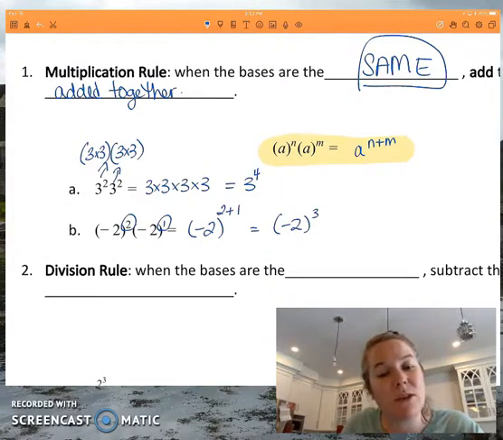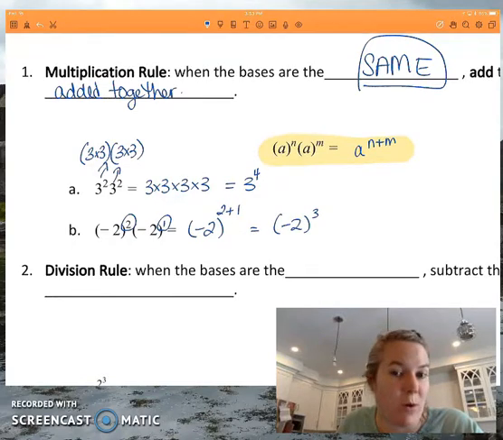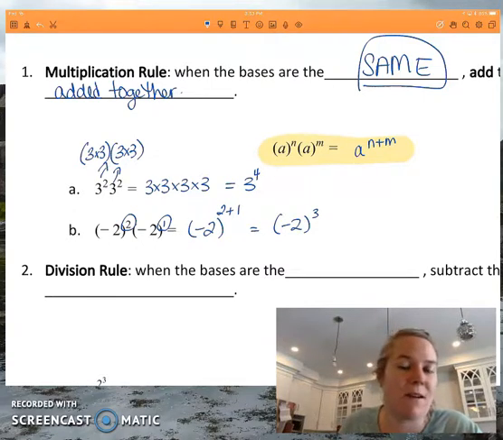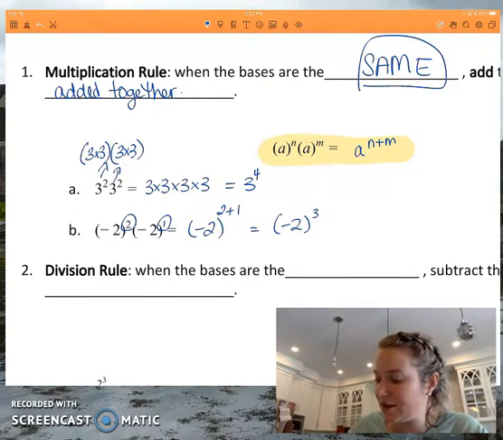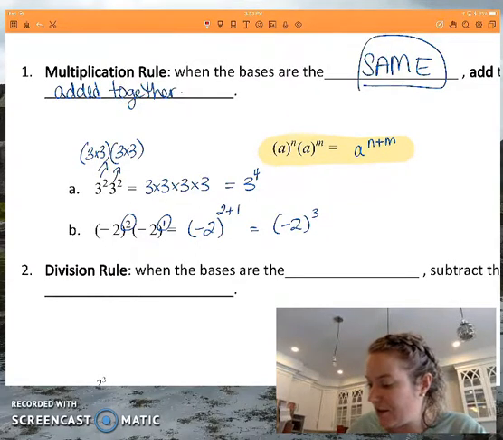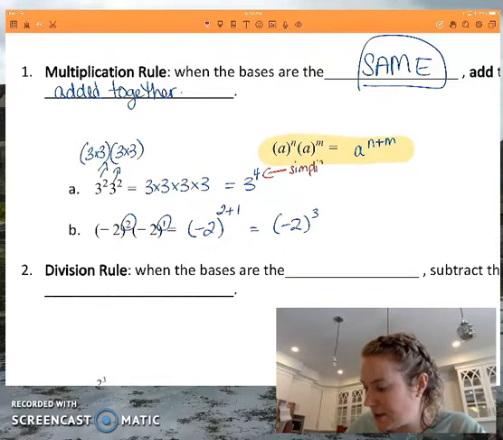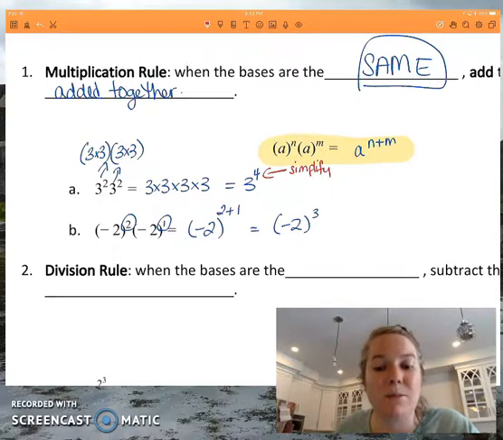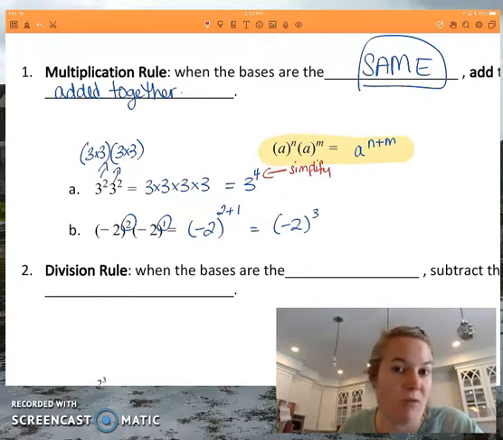Now on an assessment, when you see things like this, you'll also see some wording that says, evaluate all exponents if possible. Evaluate all exponents means you bring them to a final numerical answer. Okay, let me change colors. This as an answer is a simplify. If you see simplify, it's asking you to put it into its simplest form, which is 3 to the exponent 4.